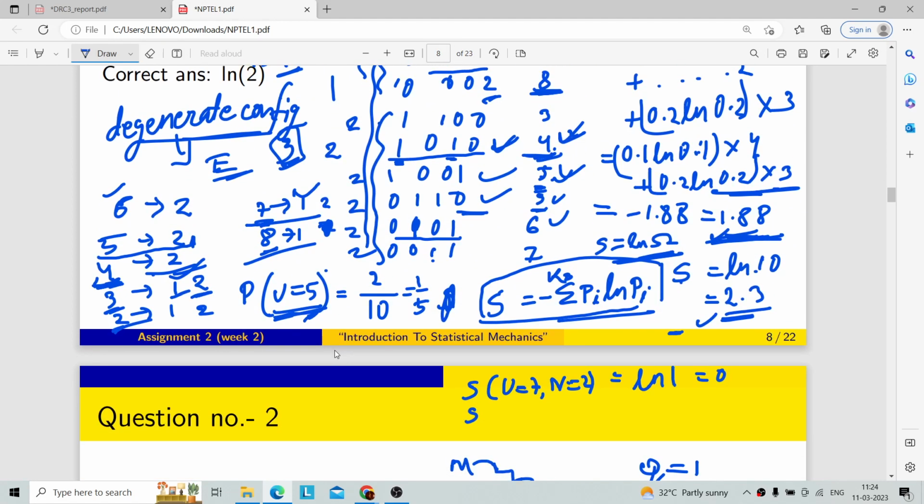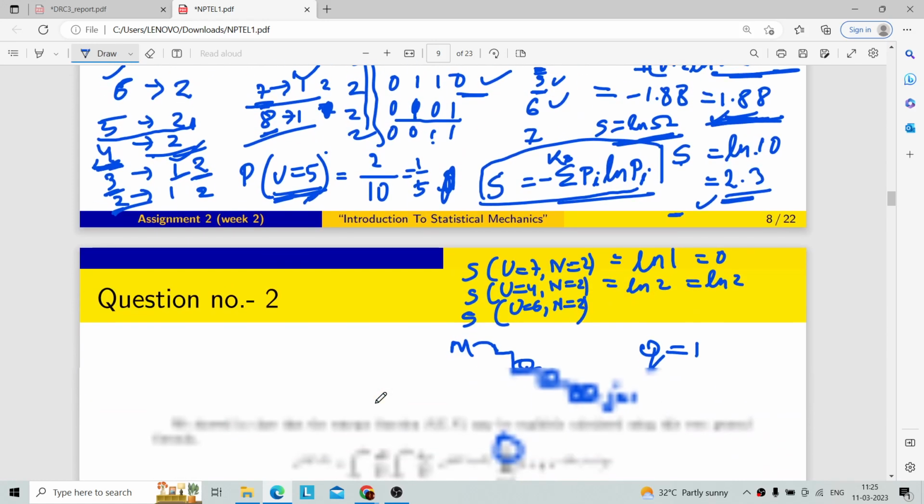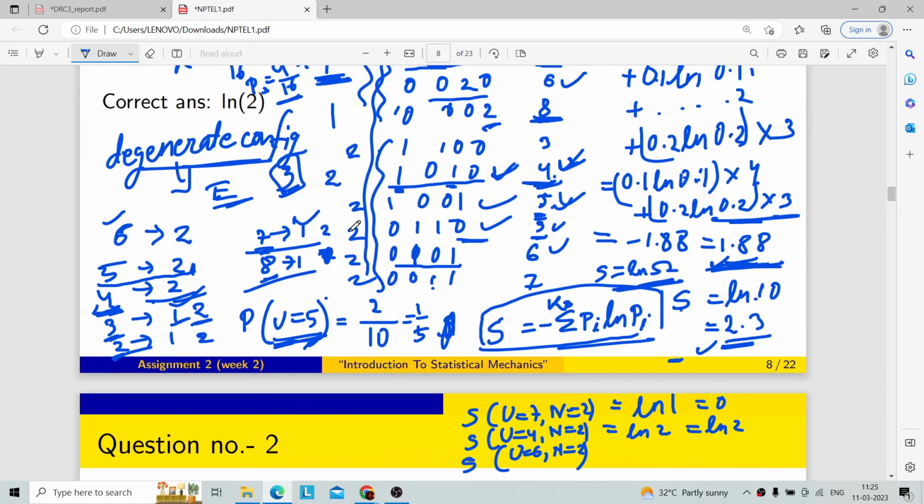So S of U equal to 4 and particles 2 is ln of 2, and for U equal to 6, remember, we are given only indistinguishable particles, so these won't be counted, because that means we do not have to arrange between them.